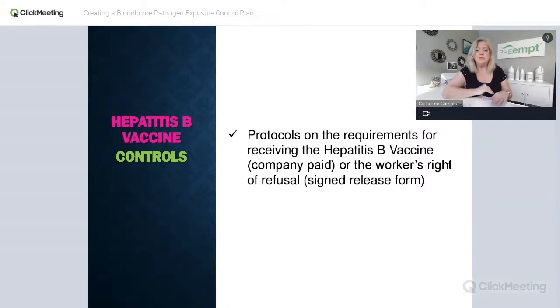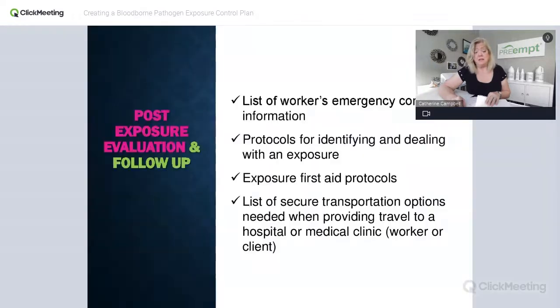So protocols on the requirements for receiving a hepatitis B vaccine is up to the company to pay for the vaccine, and it's the worker's right to refuse it if they do not want to have it. But if you get a hepatitis B vaccine, it's going to save you if you travel and save you from getting hepatitis B, which we can talk about later if you so desire.